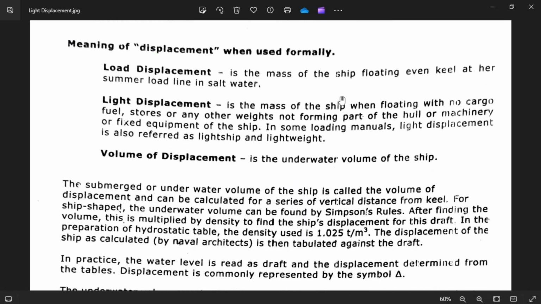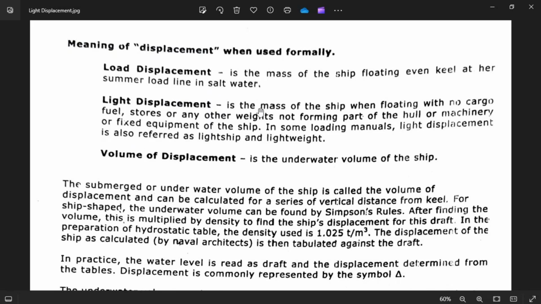You just read this one, guys. After you have finished this video, I will post this at the end of the video or the presentation. Meaning of displacement when used formally. Load displacement is the mass of a ship floating on even keel at the summer load line in salt water.